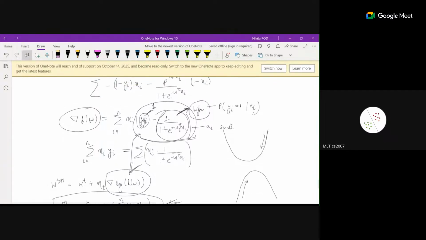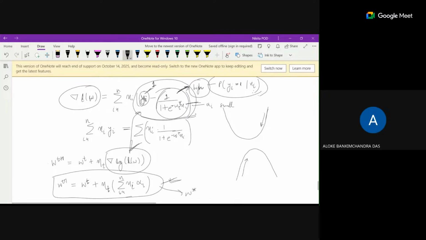But if your probability is small, then this whole term would be high, and that point will move in that direction. Those are the points that will actually affect the gradient. Whatever is low will affect the gradient, and that is exactly what we want.